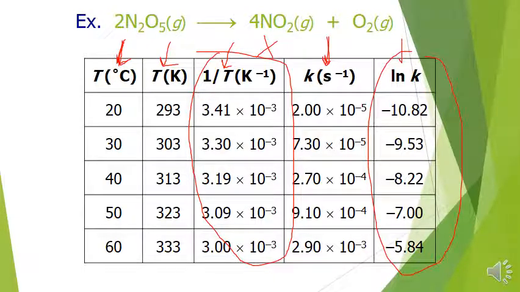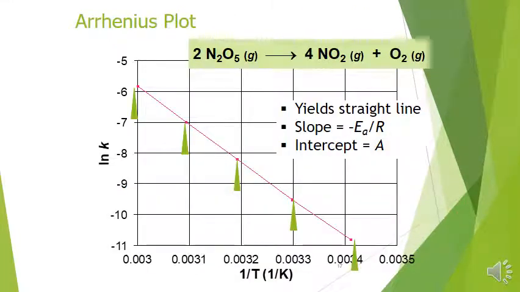You plot this versus this, and this is what you get here. Then simply you have the slope, m, which equals minus EA over R, and then we can solve for EA.